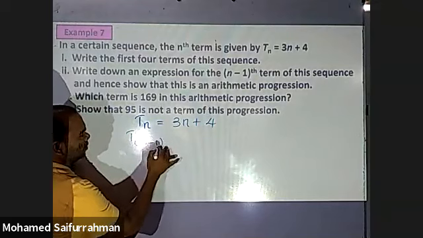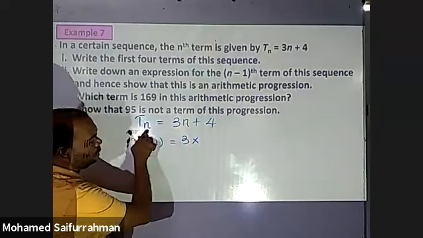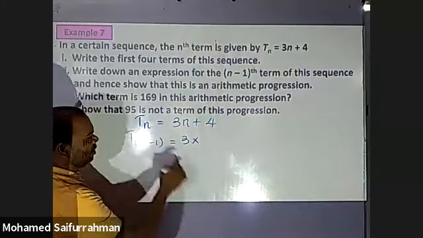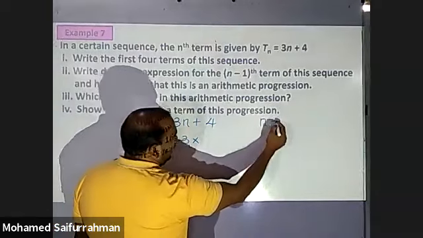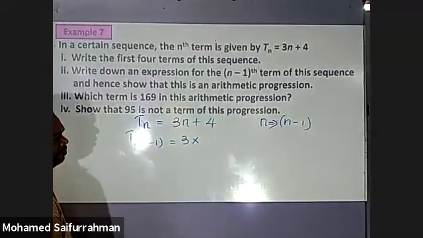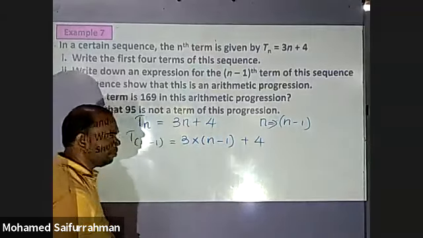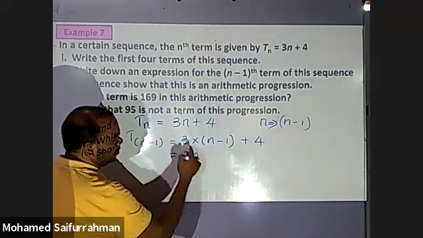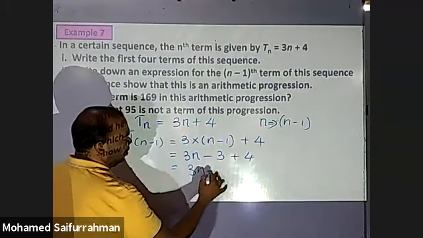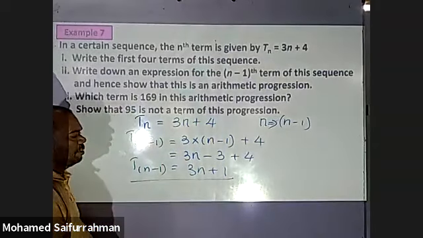For n minus 1, when n becomes n minus 1, we get 3 times n minus 1 plus 4, 3n minus 3 plus 4, 3n plus 1. So Tn minus 1 is 3n plus 1.